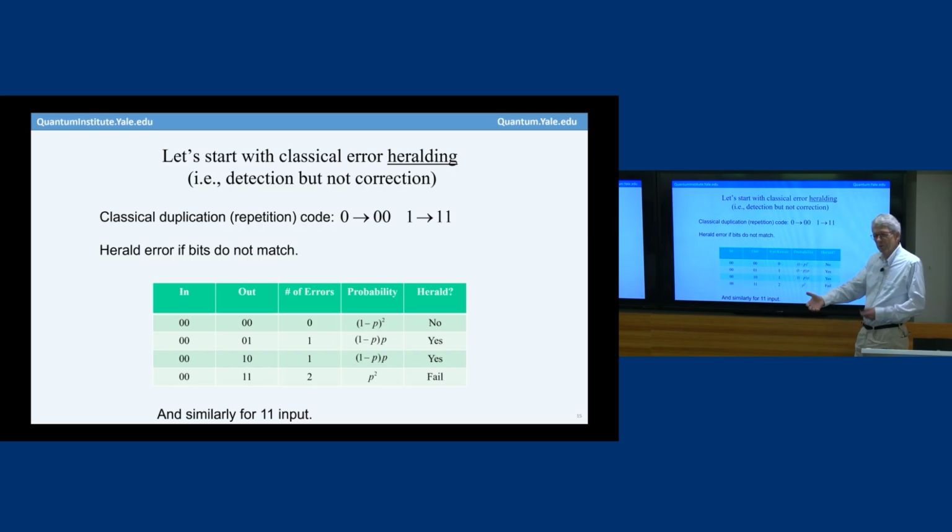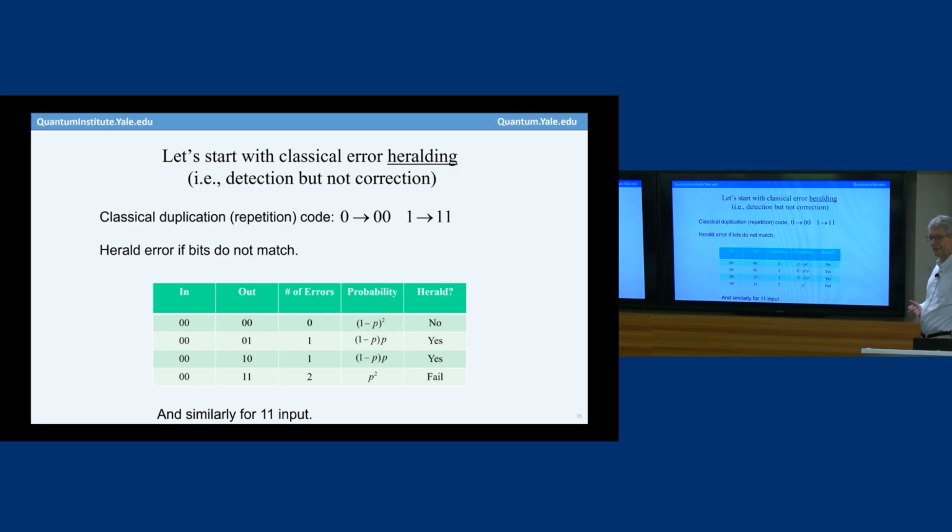When you have two independent probabilities and both situations have to be true, then you multiply their probabilities. So you get 1 minus P times 1 minus P. Let's say P is 0.1. Then there's a 90% chance this one won't flip, and a 90% chance that one won't flip. And the probability that neither of them flipped is 0.9 times 0.9, 81%.